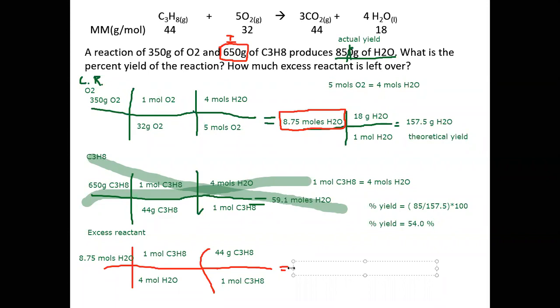We get 96.2 grams of propane was used. And we initially started with 650. So excess would equal 650 minus 96.2.